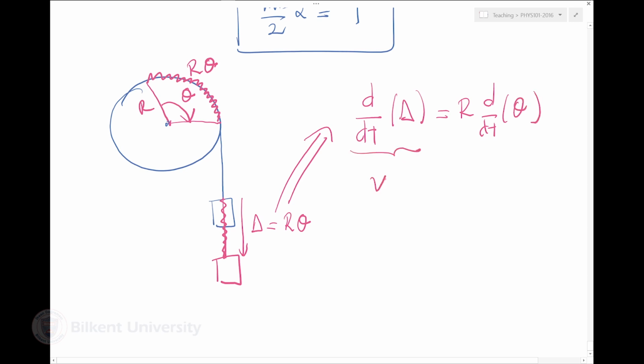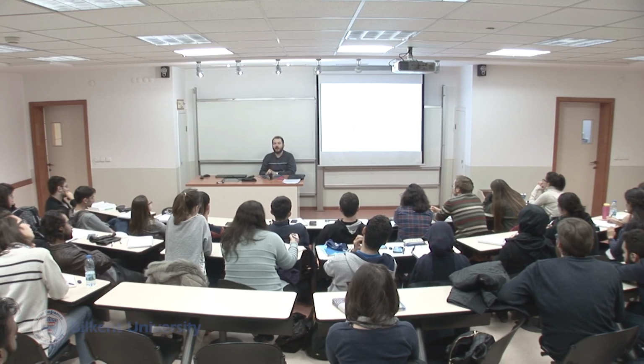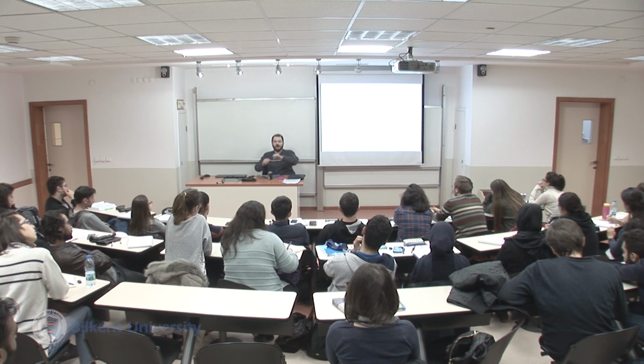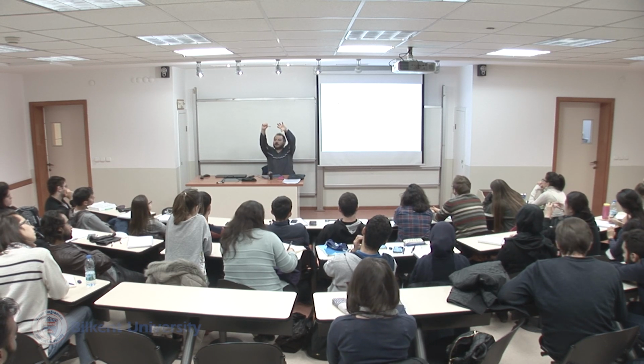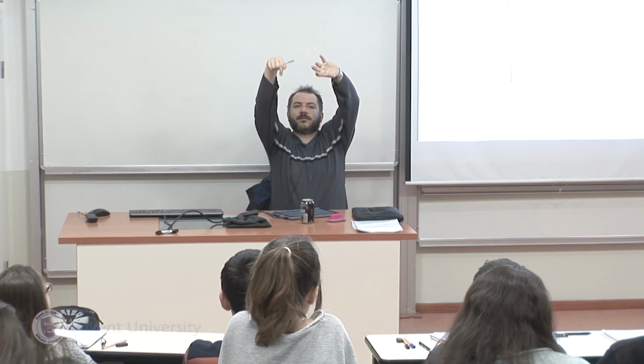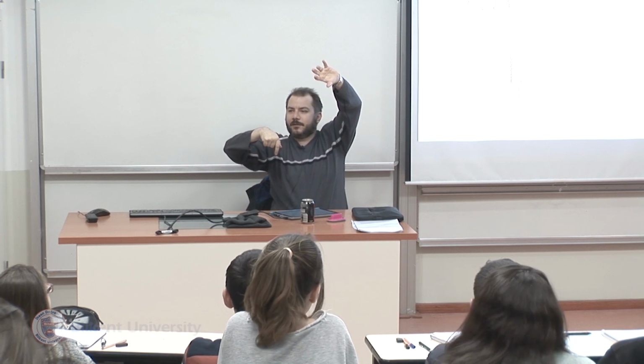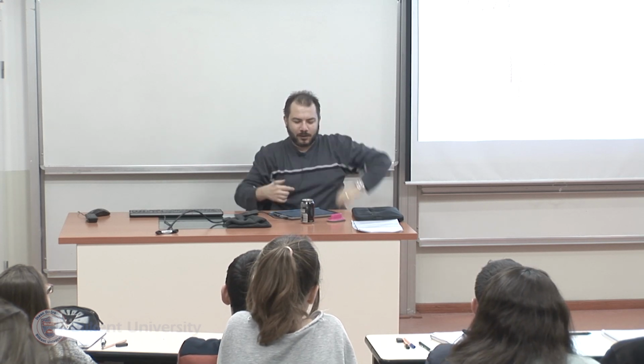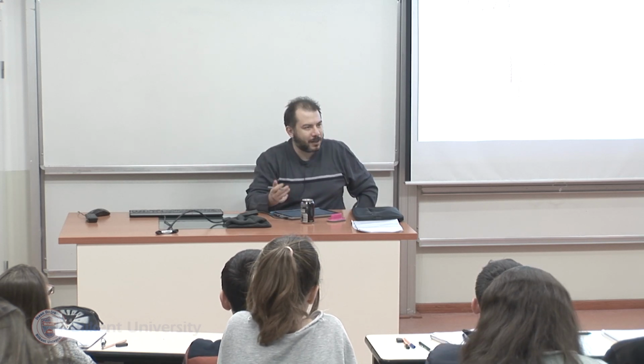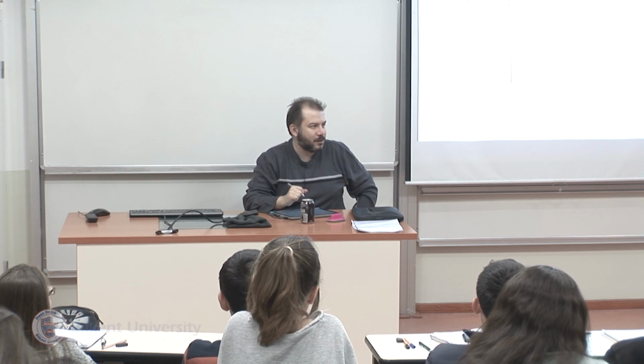That's going to be my velocity going down. That's going to be r times omega. That also makes sense, right? If the edge of my pulley is moving with velocity v, that must be exactly the velocity of the mass going down, and that velocity is r times omega, as we have previously defined.